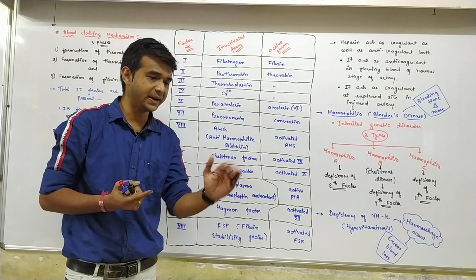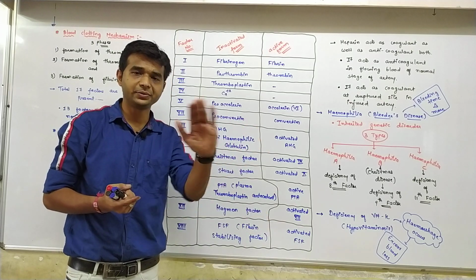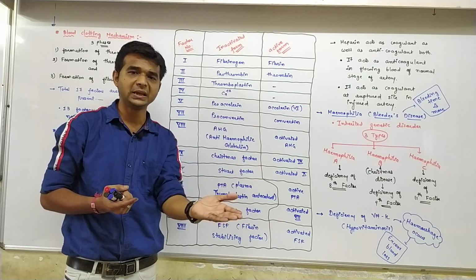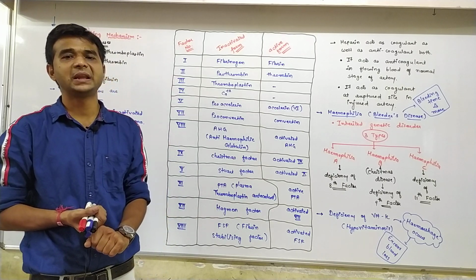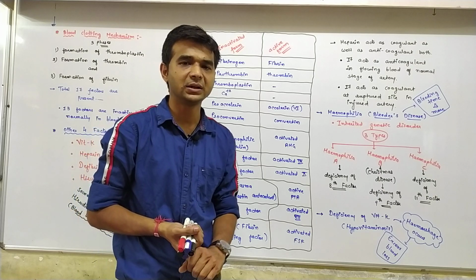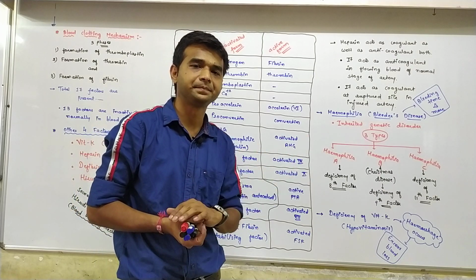If due to the 8th factor, hemophilia A; due to the 9th factor, hemophilia B, also known as Christmas disease; or due to the deficiency of the 11th factor, hemophilia C.